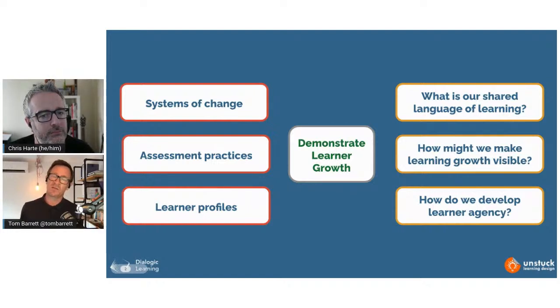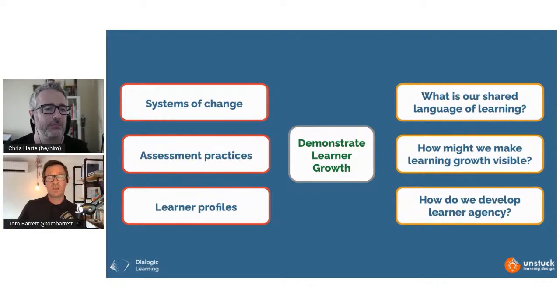How do we share that experience of change and development? And of course, there's that continuous challenge of helping a learner take control and have a direct effect on what is happening in their learning experience. And that central question of how we demonstrate learner growth is really relevant.